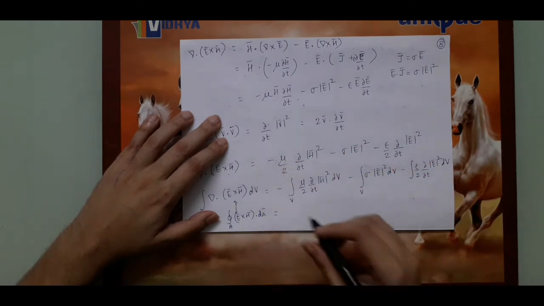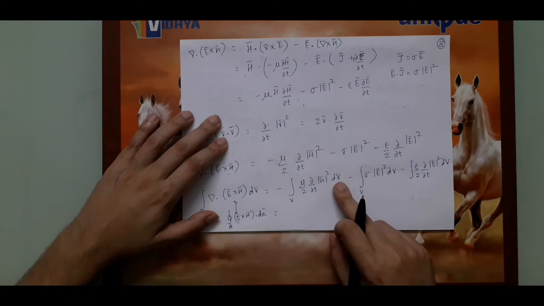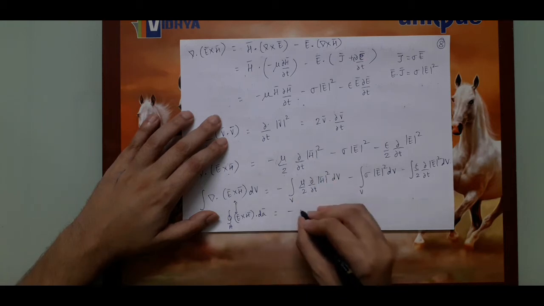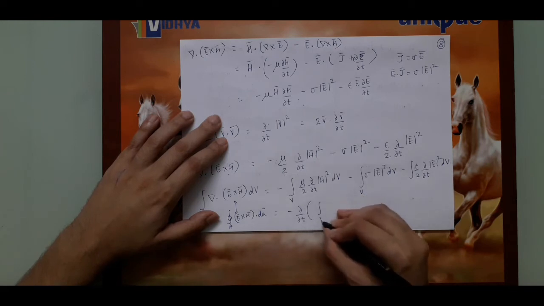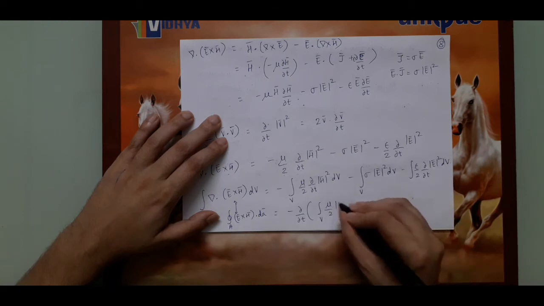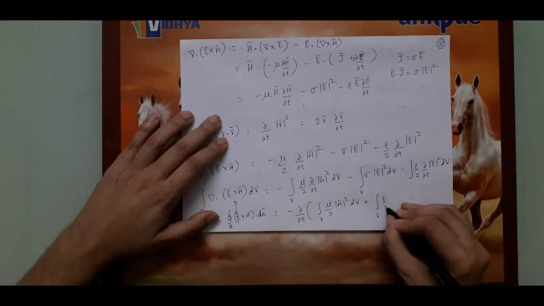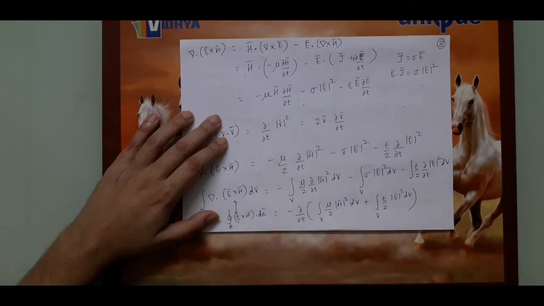So therefore let us group them together. So since these are volume integrals and they are different from time, we can take the time differential outside and say minus del t, the volume integral of mu by 2 H square dV plus the volume integral of epsilon by 2 mod of E square dV minus this quantity.